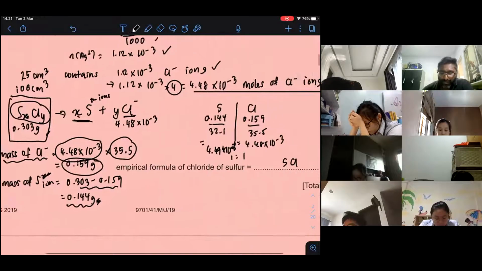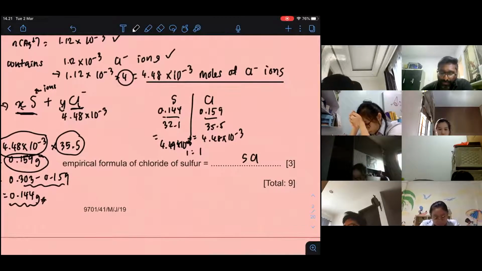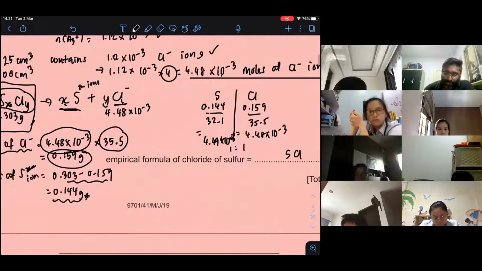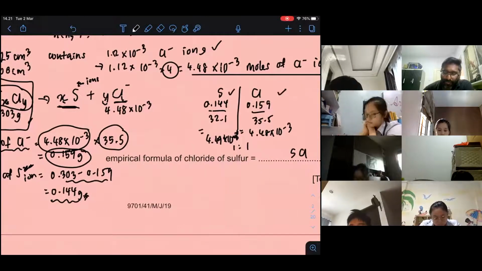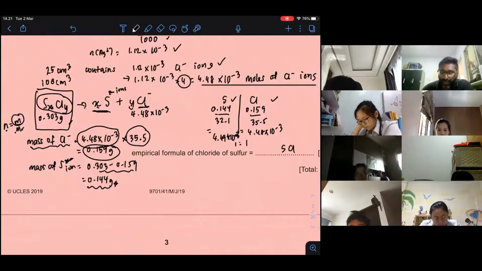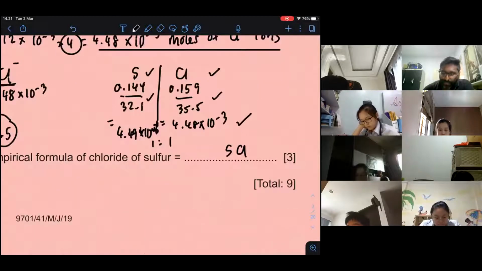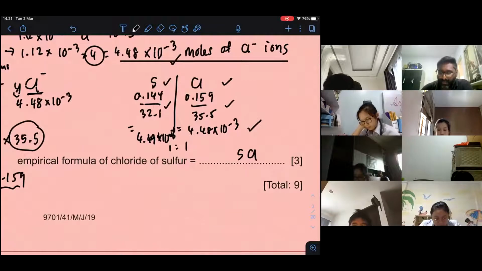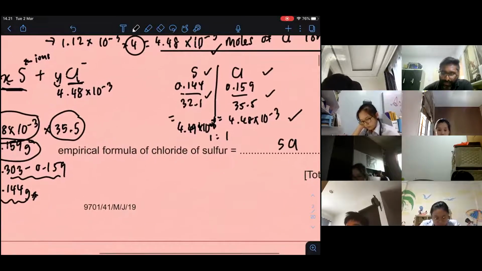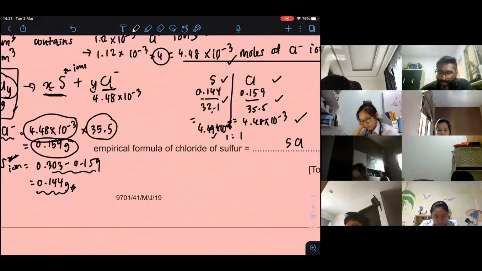So the rest, just put it over here, like a table, like what you always do. 0.144 gram, then 0.159 gram, the one that you calculated, divide with the Ar, or in this case, the relative formula mass. Once you get this, you will get 4.48, which is the same as this. And then the sulfur, when I divide with 32.1, I get 4.49 times 10 negative 3 also, so I will get the ratio 1 to 1.